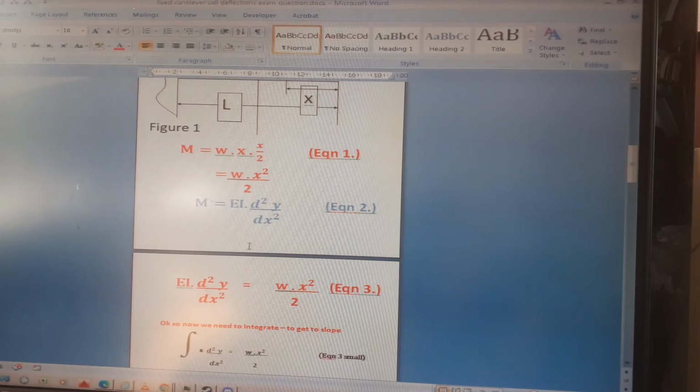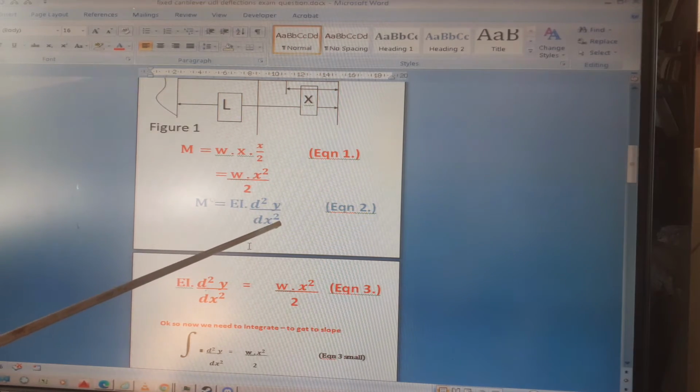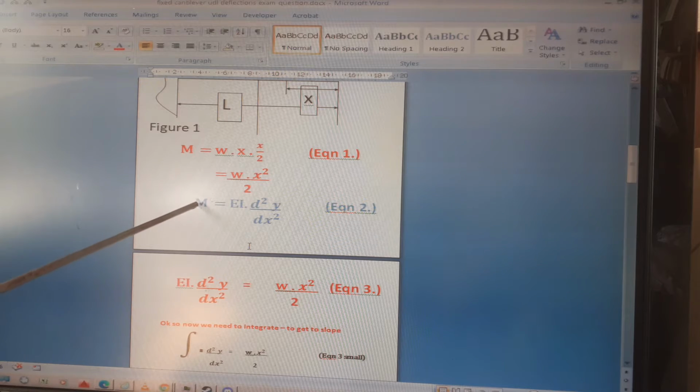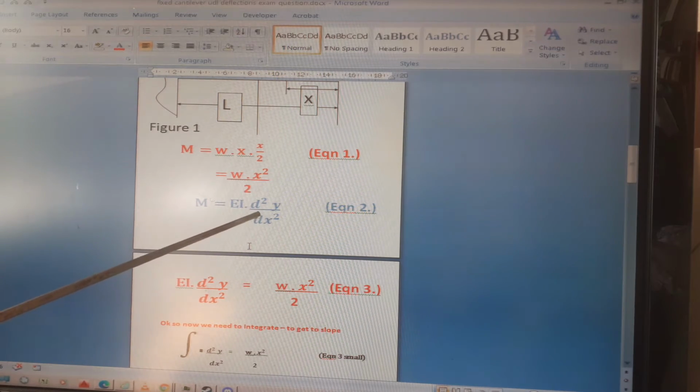The most important next equation you've got to remember is M equals EI d2y over dx2. In other words, M is the second differentiation of y.